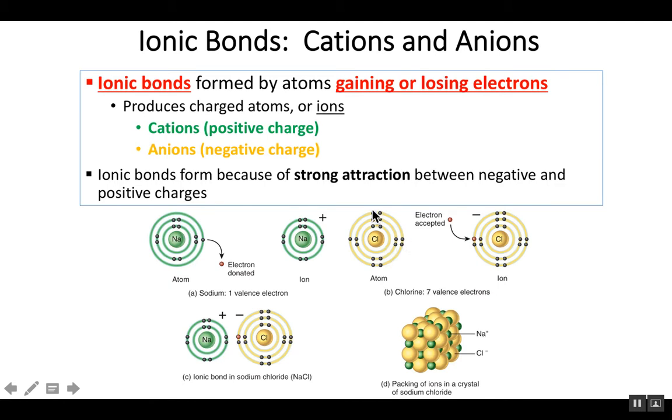Same thing is true for this chloride. This chloride would love to have one more electron because then it pairs them all up in that outer shell. So it gains an electron to pair up those electrons. And here's what happens. The opposite charged ions attract to one another, and that forms a bond or an attraction between those two atoms.